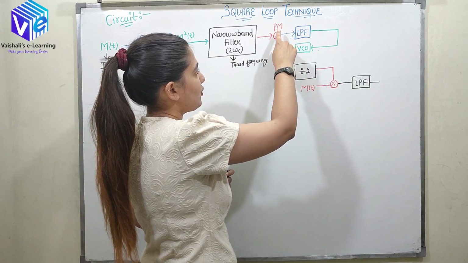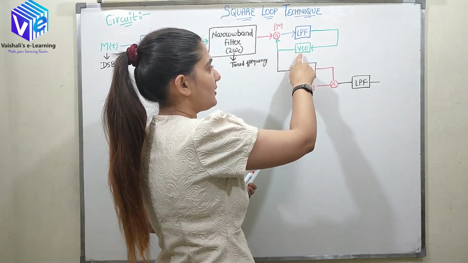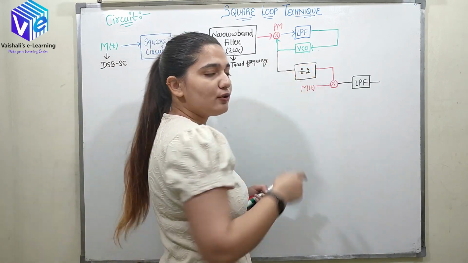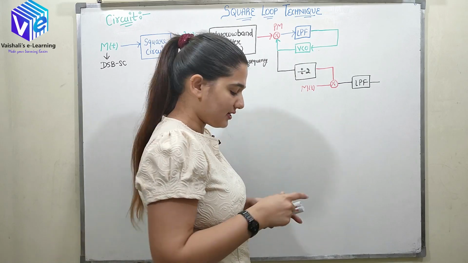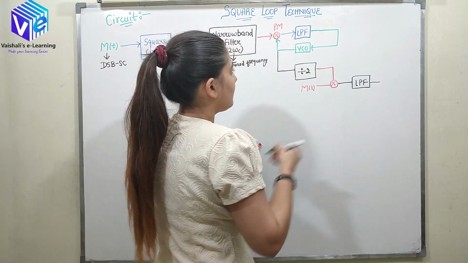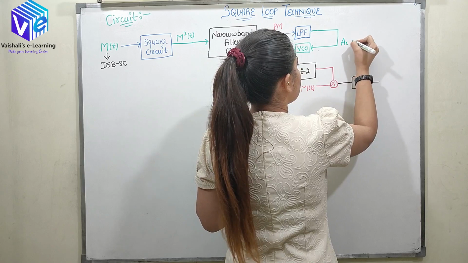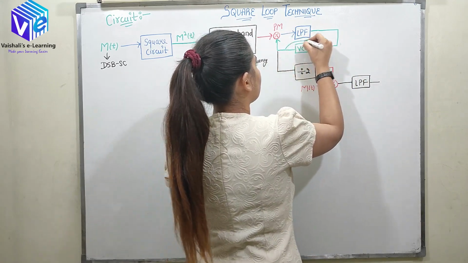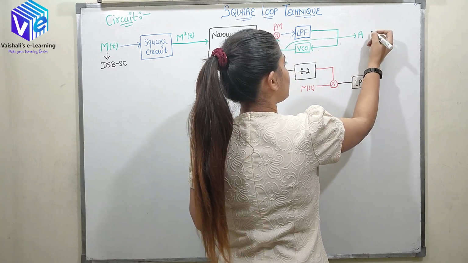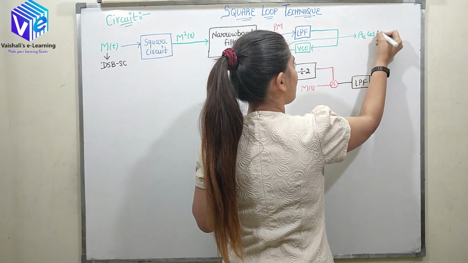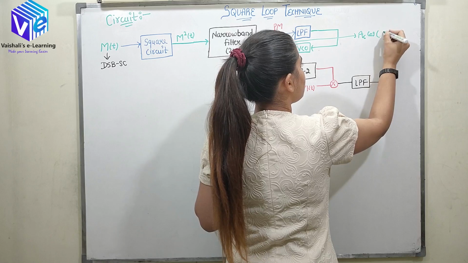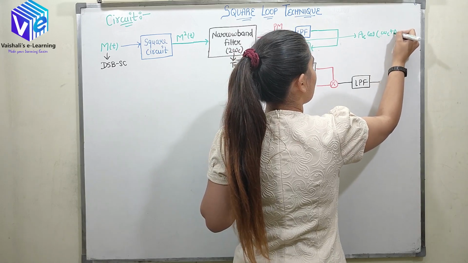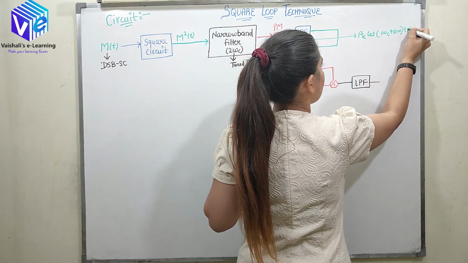After that I have the product modulator. Here, from the voltage controlled oscillator, we have a locally generated carrier, which is represented as A_C. It generates a carrier A_C cos(omega C plus delta omega into t plus phi).